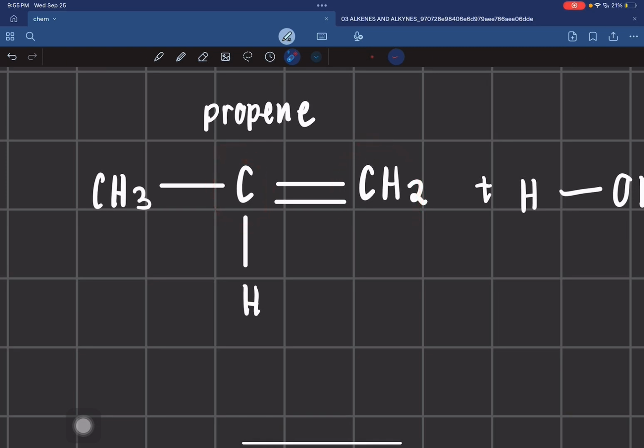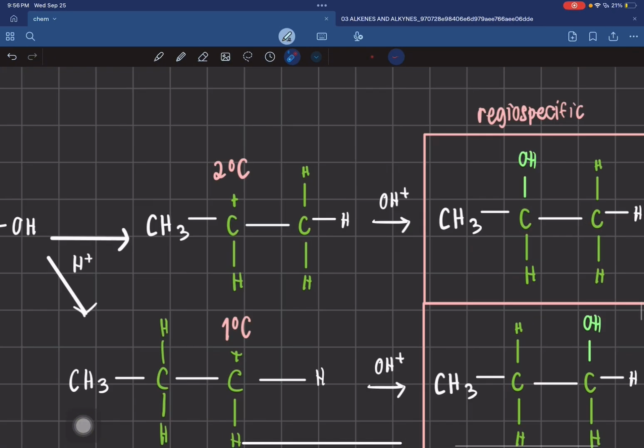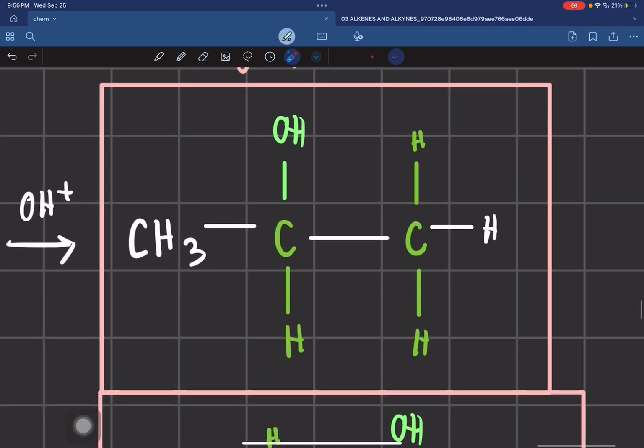Pero, kakabit yung electrophile, yung electropositive na element doon sa mas maraming hydrogen, which is this. Kasi 2 versus 1, syempre, mas marami si 2. So, dito yung correct na pagkabit ng H. Okay? So, we can confirm that here.